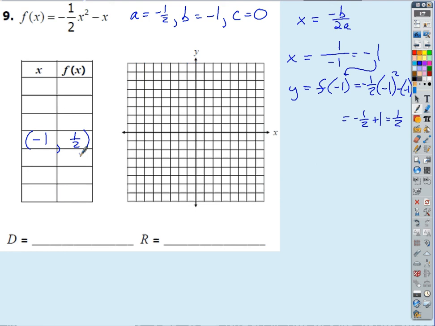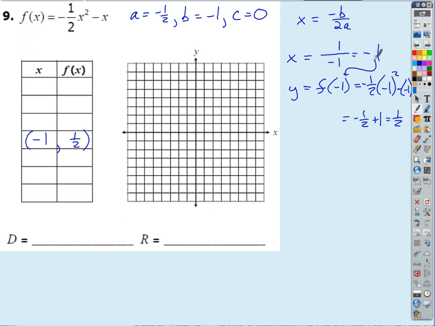Okay, just because I want to make sure I get through the last example also, I want to pull you together here with me. So did everybody get -1 for your x coordinate? Right, negative b over 2a gives us +1 over 2 times -1/2, which is -1, so 1 divided by -1 is -1.